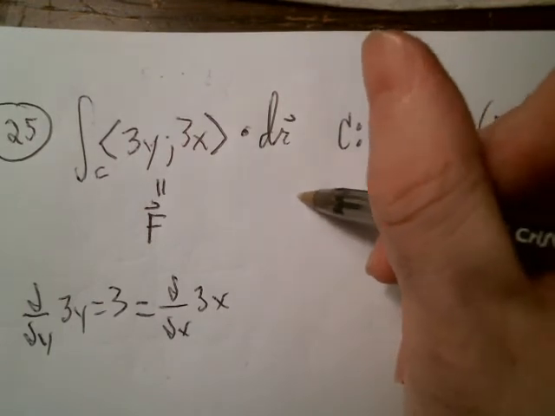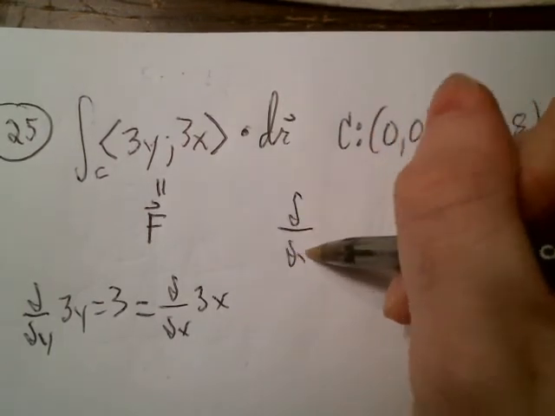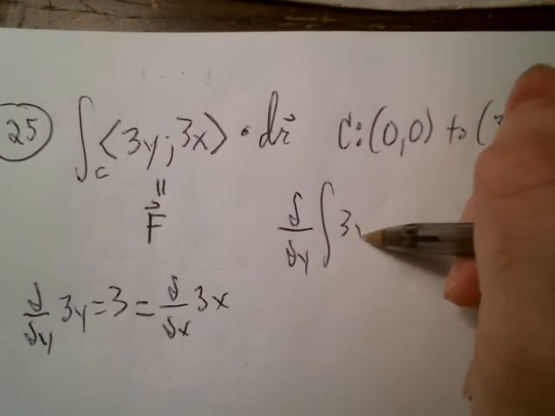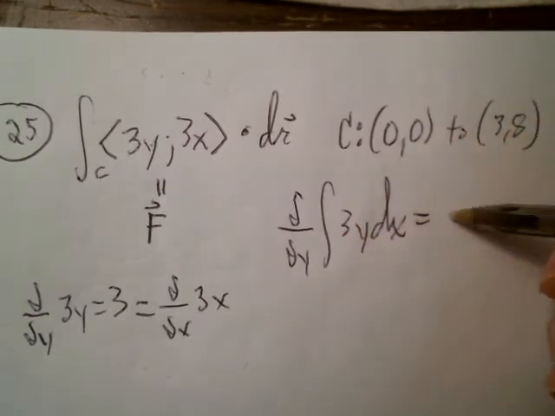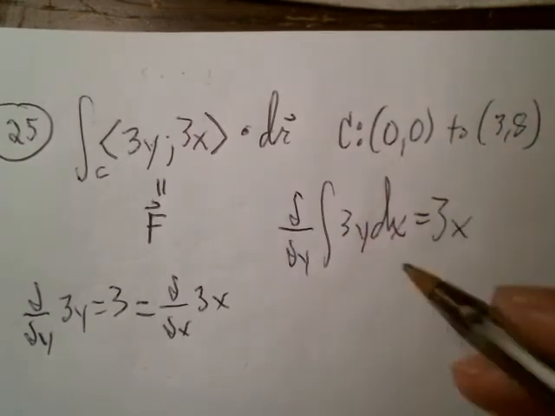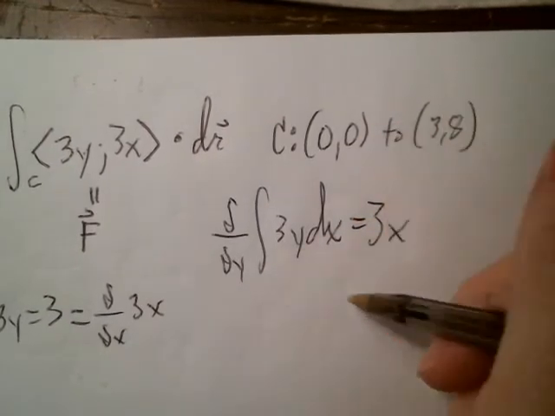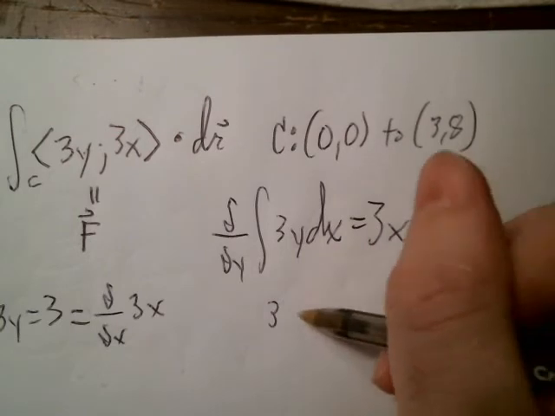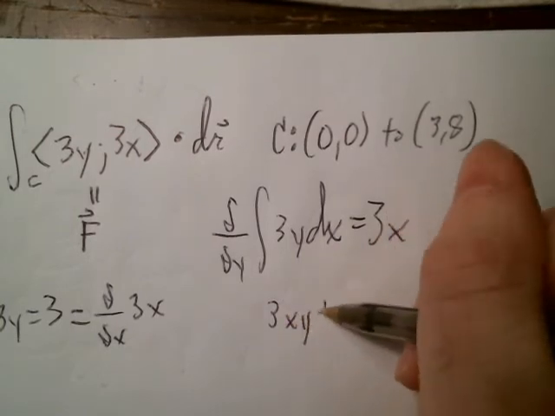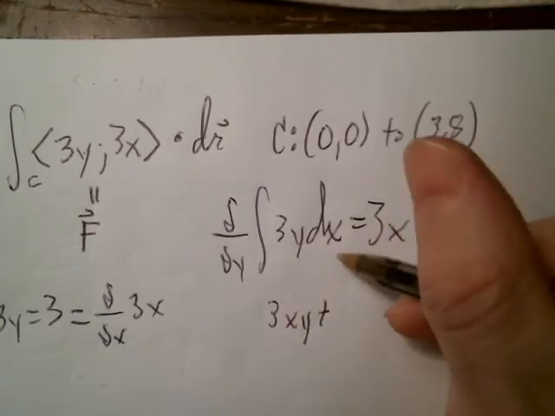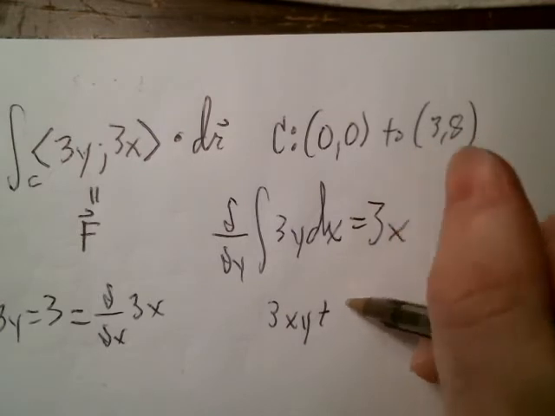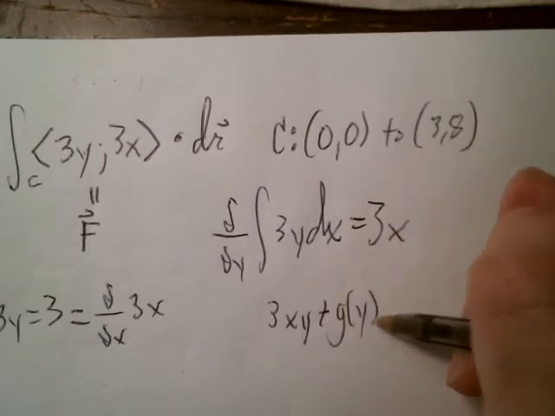So what did that look like? That's the partial with respect to y of the integral of 3y with respect to x, and that should equal 3x, right? So then go at it. This is 3xy plus whatever was sent to 0 by the derivative with respect to x. So that would be some function of y.